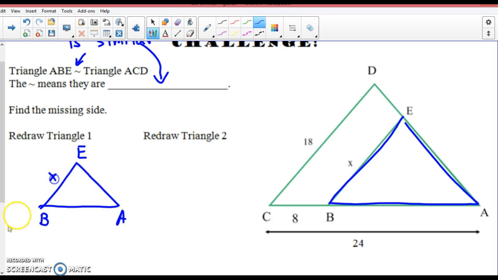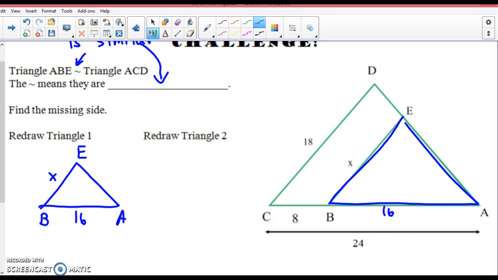This side is X. How long is AB? Look at the diagram over there. How long is side AB? Correct. Because this whole length is 24, and that little chunk there is 8. So doesn't that make sense that this chunk here is 16?